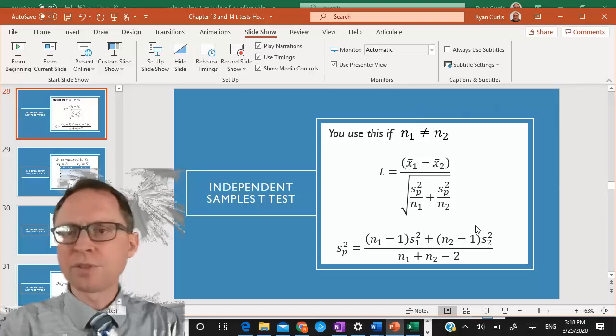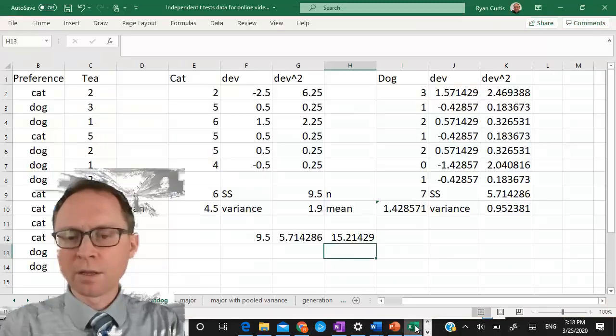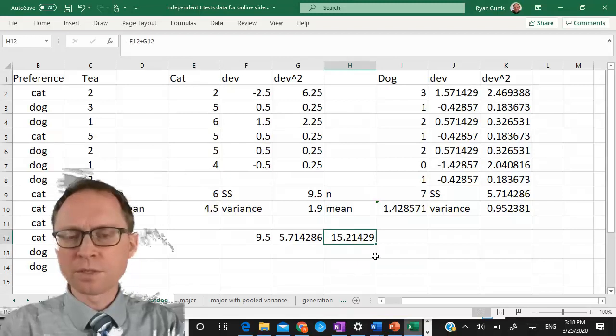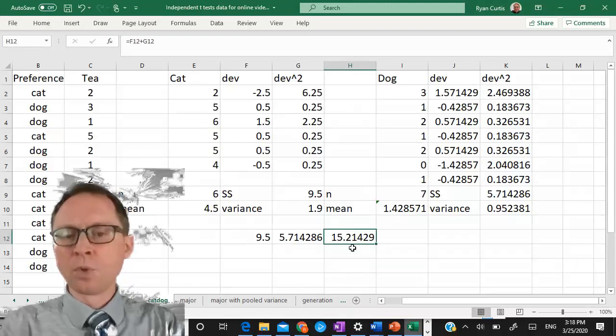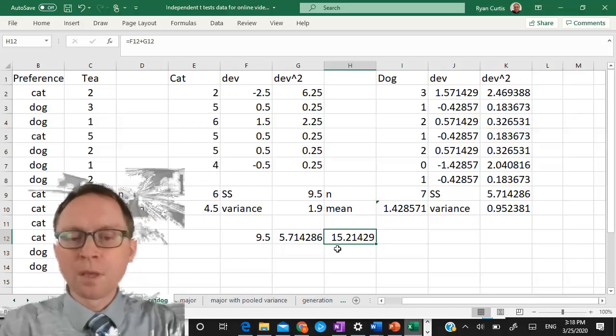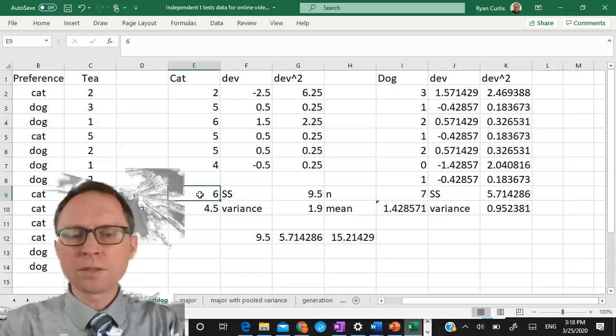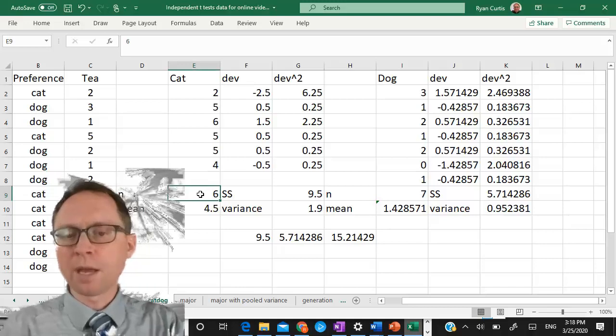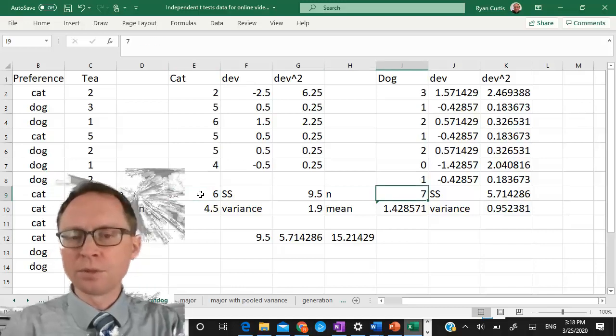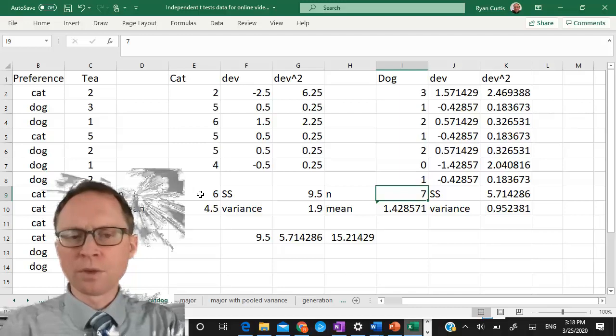That is the same information that we just calculated. We need to divide that by the degrees of freedom. The degrees of freedom is going to be n sub 1 plus n sub 2 minus 2. So we need 6 plus 7 minus 2.